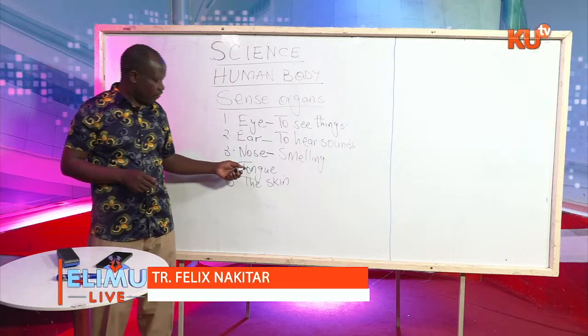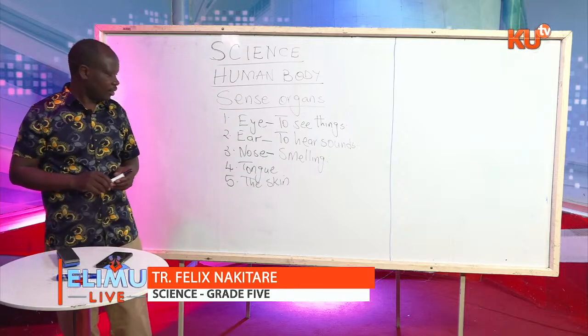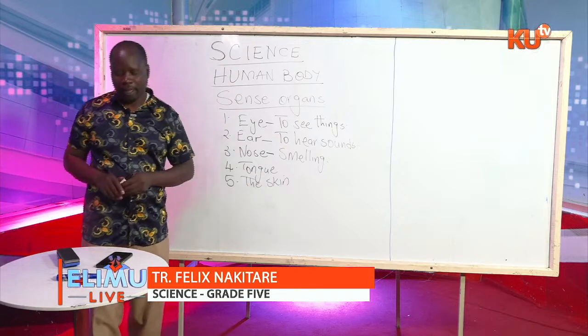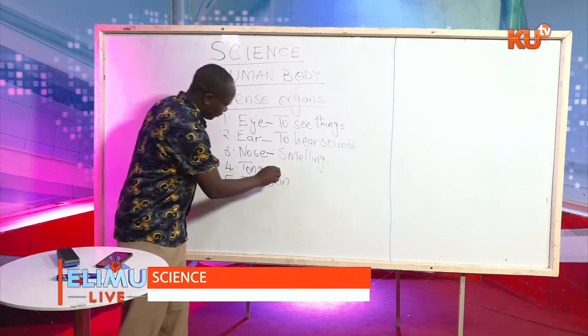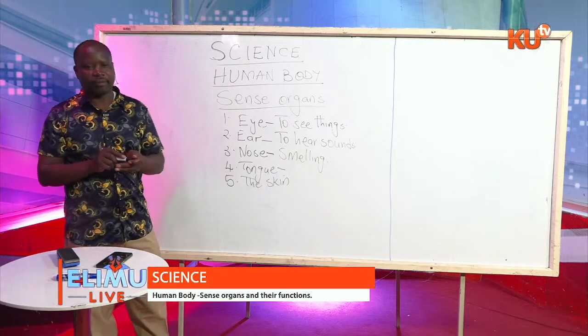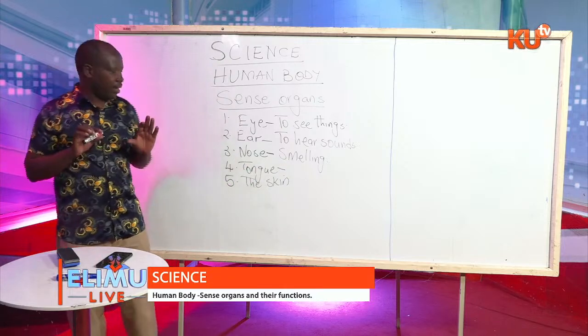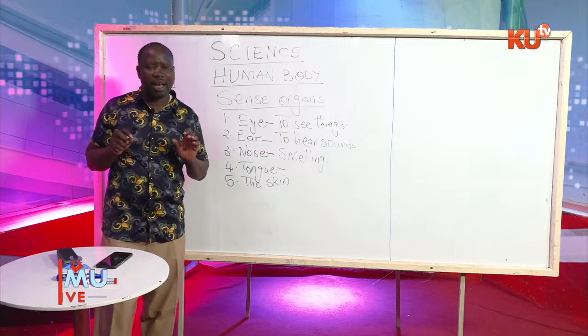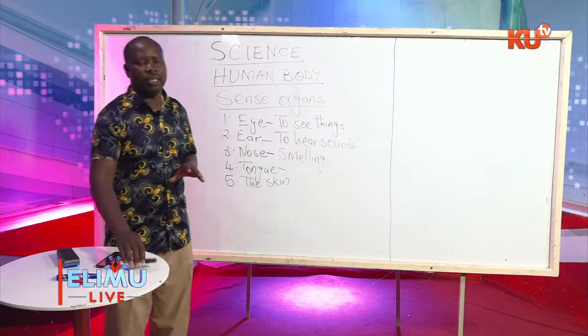Sense organ number 4 is the tongue. When we come to the tongue, you can be given some items. Like I can take some items that are like powder, and then they are put here.